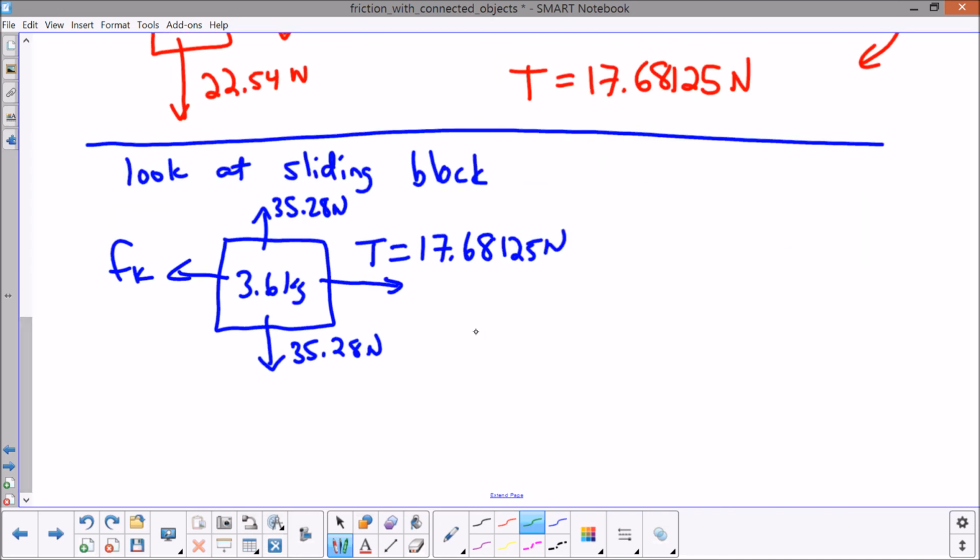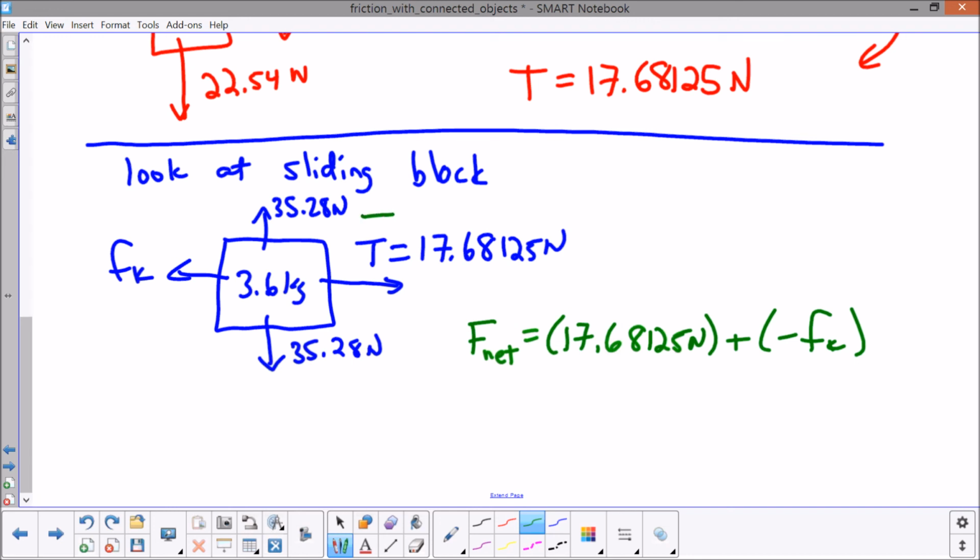So for this sliding block, the net force on this sliding block is going to be 17.68125 newtons plus negative force of friction. Again, F sub k is how big the force of friction is, so the fact that it was acting to the left, and I was saying that the positive x direction was to the right, means I need to include that negative sign in the net force equation.